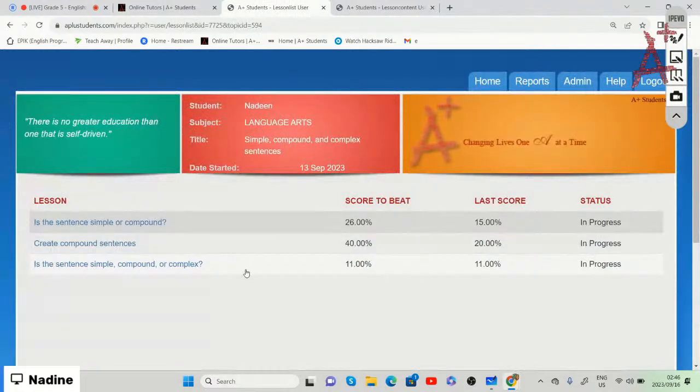And today we focused on the lessons on creating a compound sentence, where we said that a compound sentence is two simple sentences joined by a comma as well as a coordinating conjunction, which is and or so. And then also, is the sentence simple, compound, or complex, where we say the simple sentence has a subject and a verb.